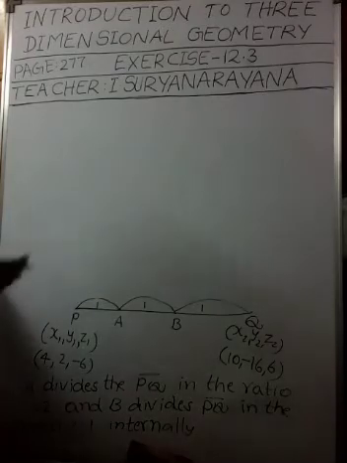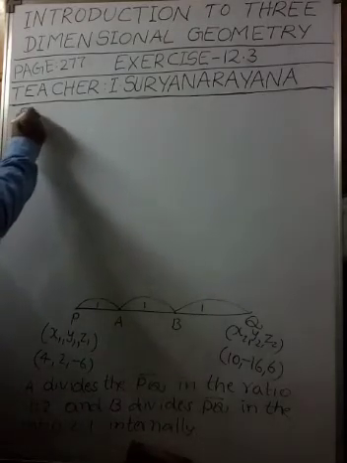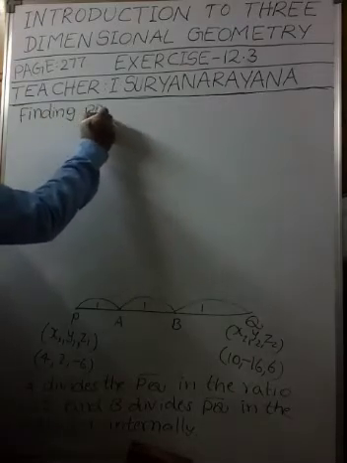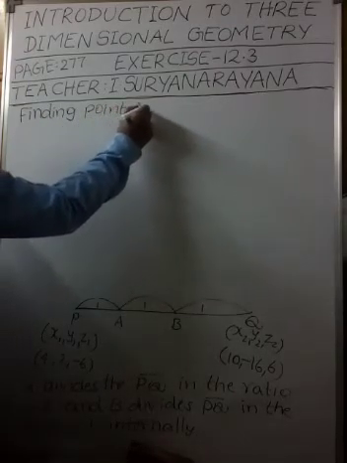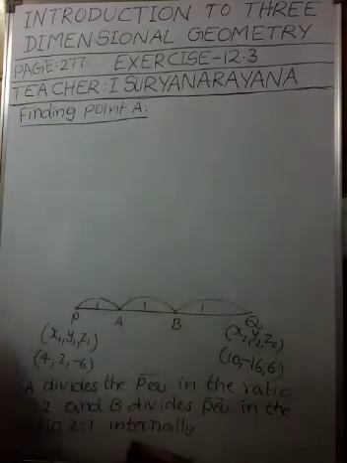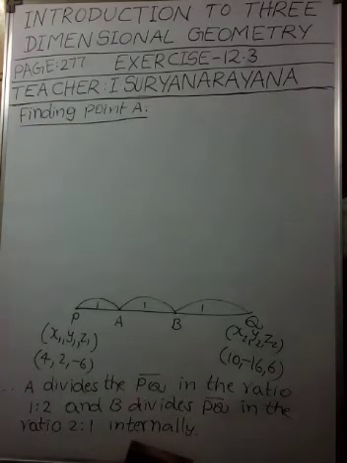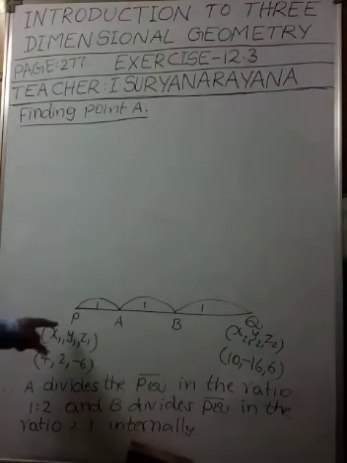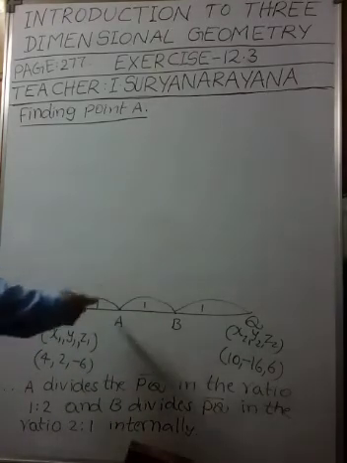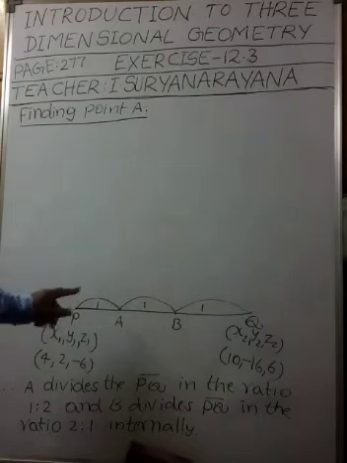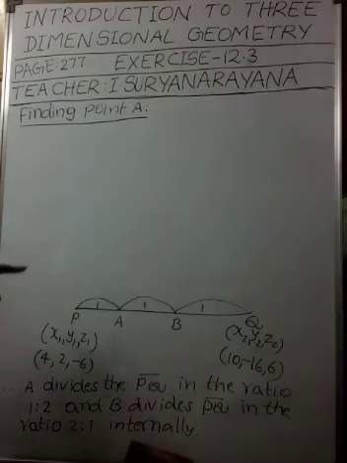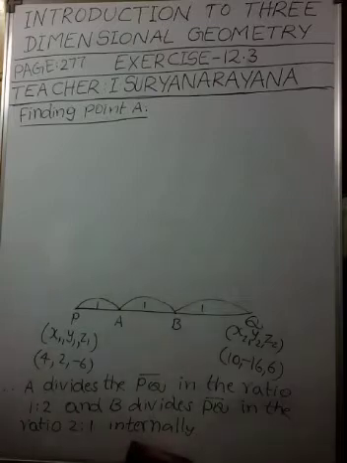Let us find the coordinates of the point A. I told you here the point A is dividing the line segment joining the points P and Q in the ratio 1:2. Okay, my dear children. Now first let us write the section formula.